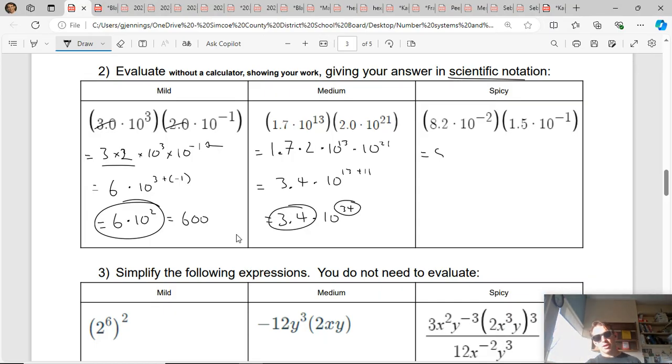All right, here, same thing. So this is equal to 8.2 times 1.5 times 10 to the minus 2 times 10 to the minus 1, which is equal to 8.2 times 1.5. The exponent gets bigger by 4.1, so I add 4.1 to that. That's 12.3. That's my cute number there, 1, 2, 3, multiplied by 10 to the minus 3.